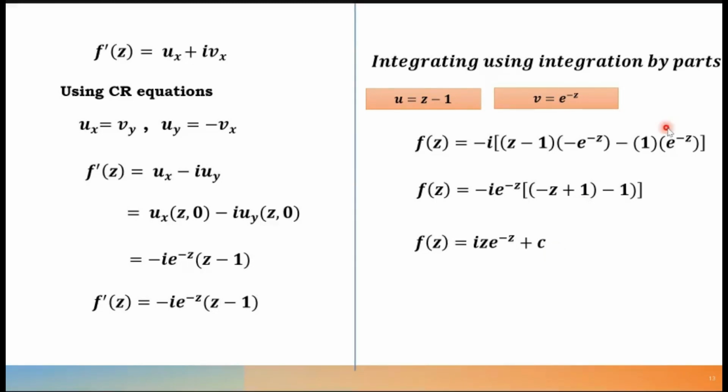Second term is here. Slide number 30, this part you are telling, right? But here, see, the first part is u. This is the integral of v.